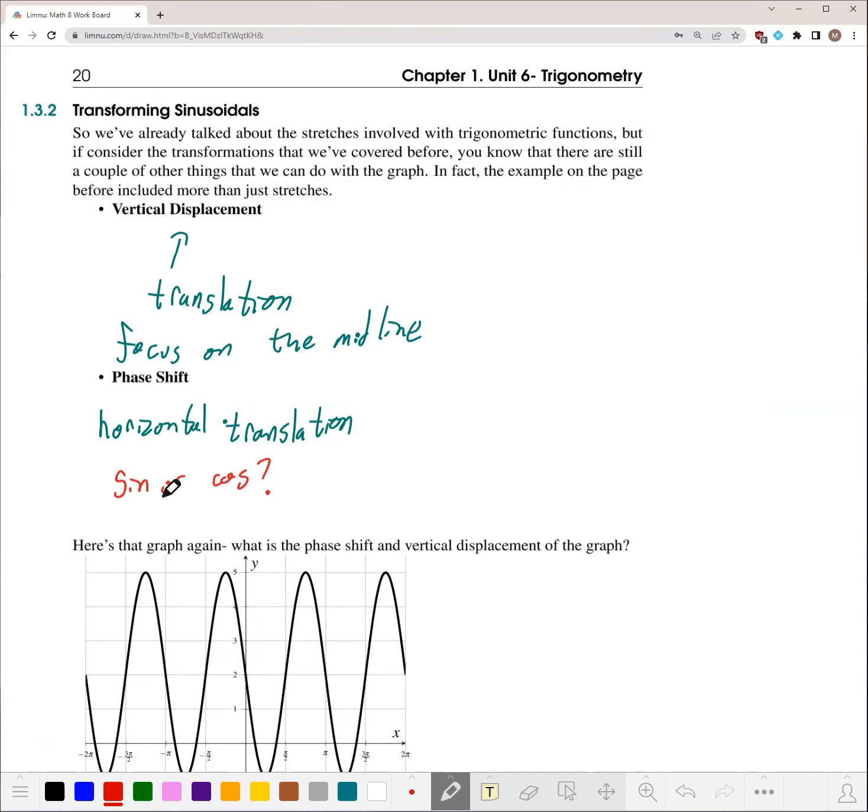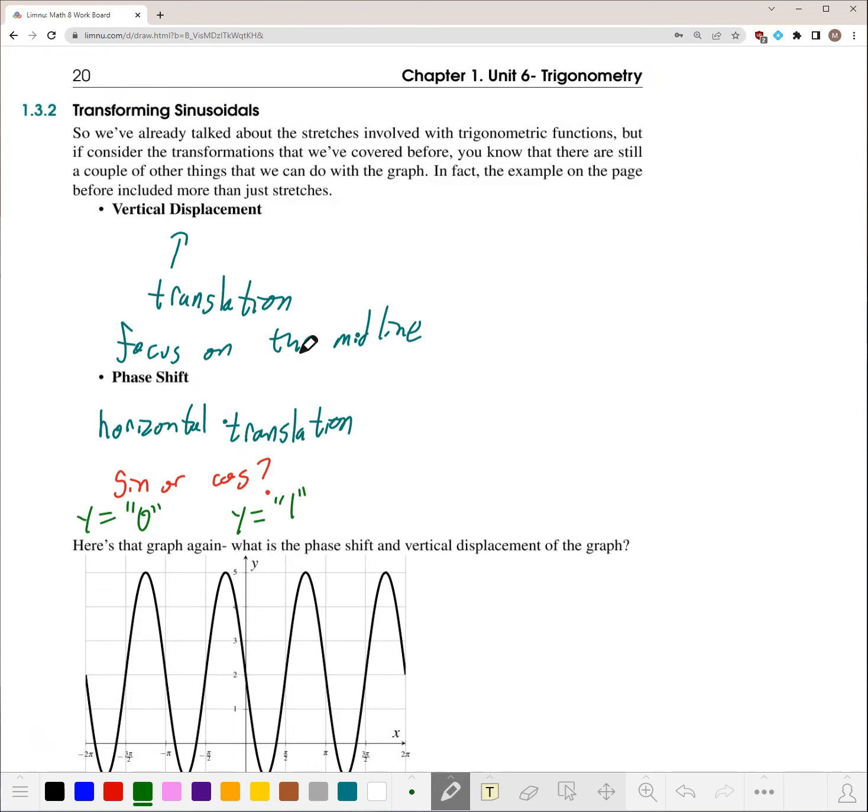If you've got a sine versus a cosine function, you're going to look for different places. So if I'm looking at a sine function, I'm going to look at when is our function at our midline, right? So when does our y equal, we'll say 0, but again, if we vertically displace, then our midline isn't at 0. Whereas for cosine, when is our y at our maximum, which we'll say 1, but again, if I've changed the amplitude and vertically displaced this, my y equals 1 is totally different.